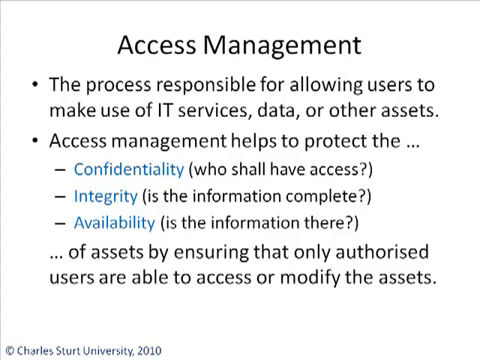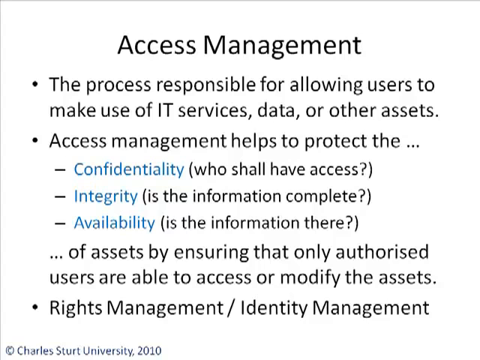So access management helps to protect the CIA, confidentiality, integrity, and availability of assets by ensuring that only those authorized users are able to access or modify the assets they are allowed to have access to. Access management is often also referred to as rights management or identity management. It's all the same thing really.